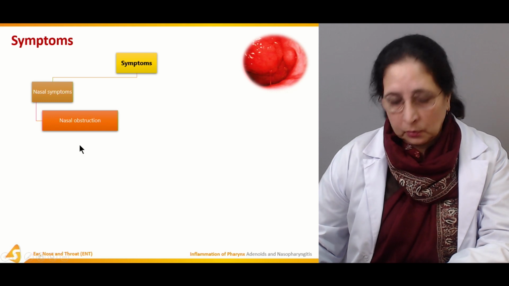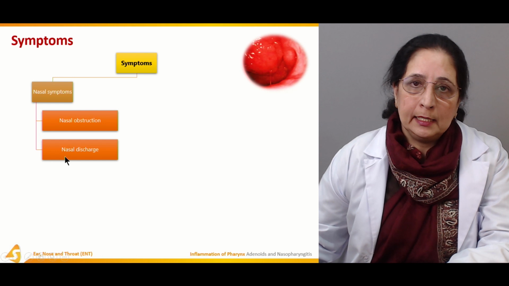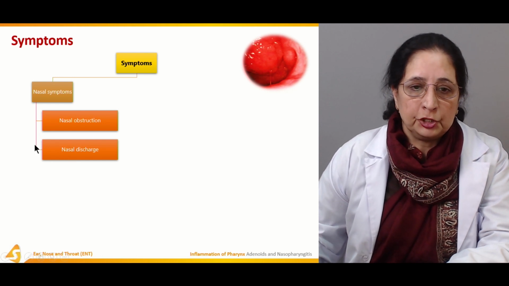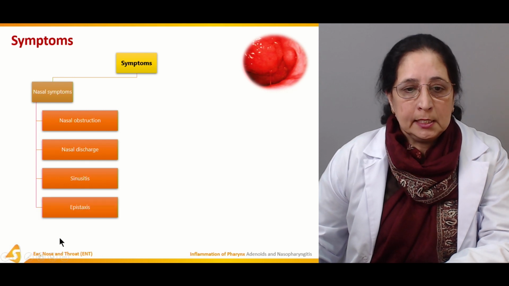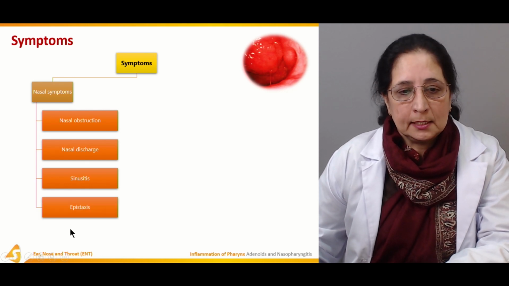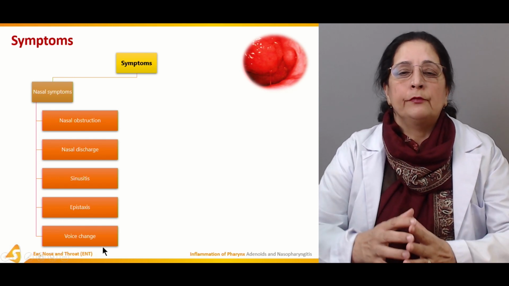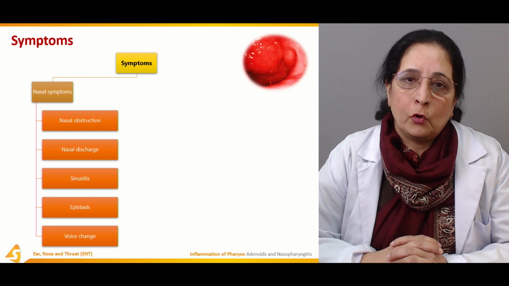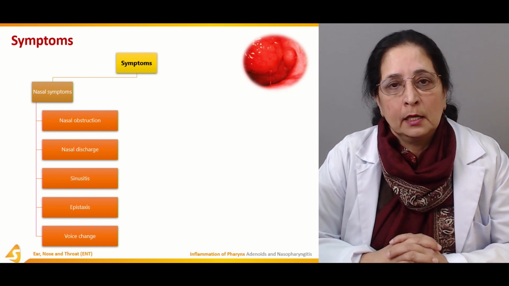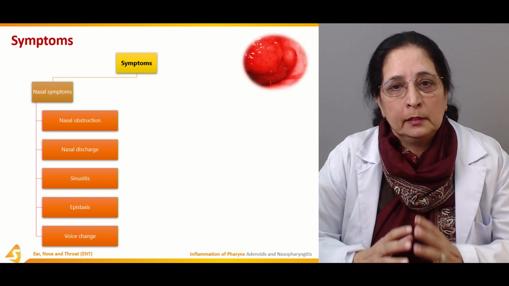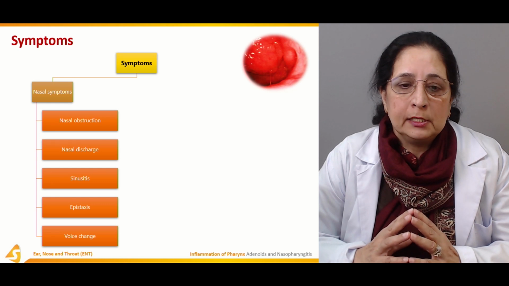Nasal discharge, as with any inflammation or infection of the nasal area. Sinusitis, epistaxis, and voice change. Epistaxis is bleeding from the nose, and then voice changes. Hoarseness of the voice is also present in these nasal symptoms of adenoiditis.